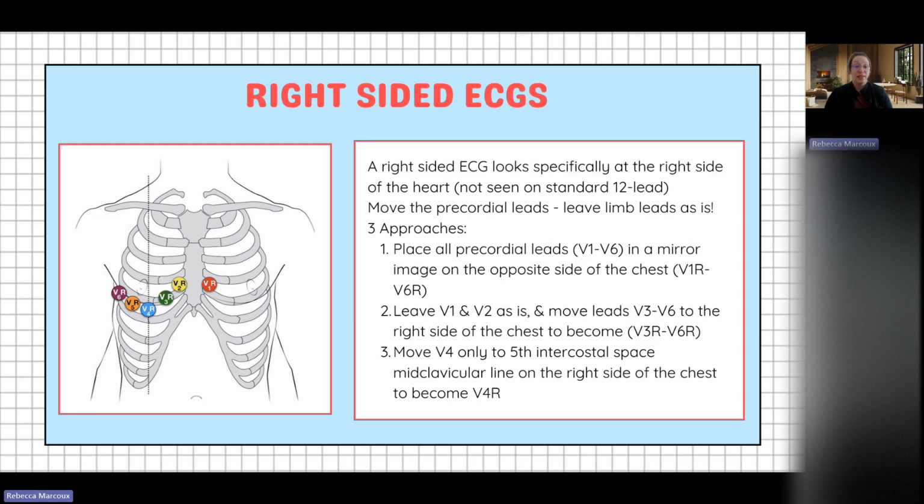The second method is to leave V1 and V2 as is, so you'd have V1 over here, V2 over here, and then move V3 to V6 to the opposite side of the chest. And the third one is to move V4 only to the other side. We're going to go through these a little bit more and talk about them.